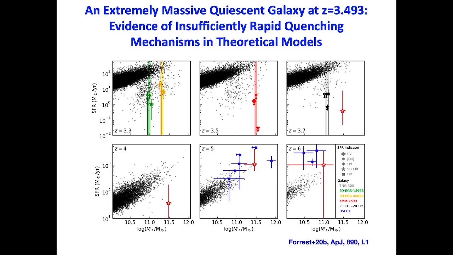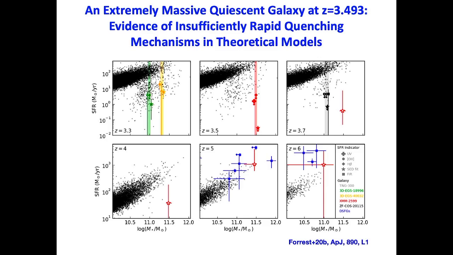The black point is the UMG that we were studying. Here are some others known from the literature. The colored points are star formation estimated in different ways, and the black points are galaxies from the TNG300 simulation.